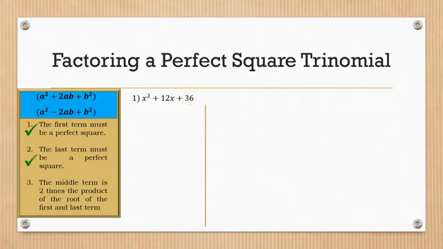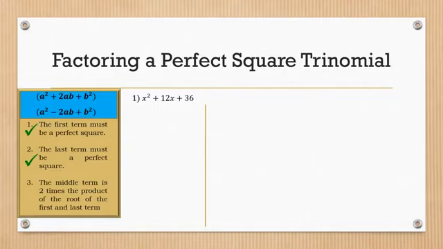Pasok. Pasok tayo sa second pattern. And the last pattern is, ingon siya, ang middle term daw nato, class, dapat product siya sa roots sa imong first and last term times 2. Is 12x the product sa roots sa imong terms nga first and last times 2 pagyud?